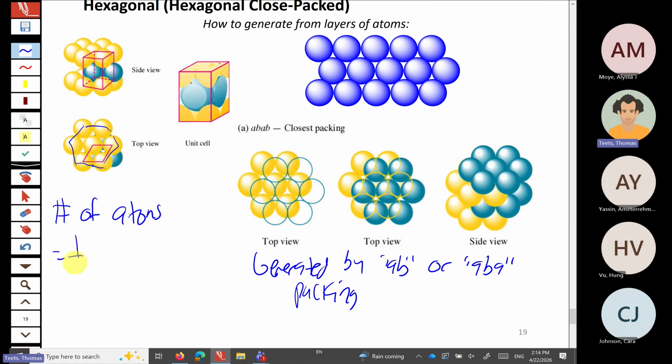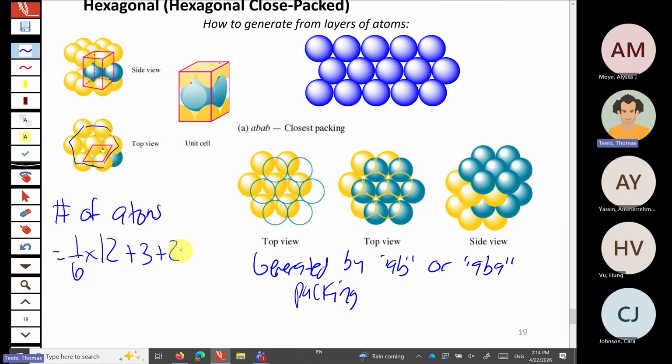So each of those counts as a 6. We're not going to really hold you responsible for hexagonal packing, but just to show you where these numbers come from. So there's 12 atoms that are in the 2 hexagonal faces at the top and bottom. Each of those is shared by 6 unit cells, as it turns out. You have 3 in the middle from the opposite layer, and then you have the 2 centered ones there that count as a half.